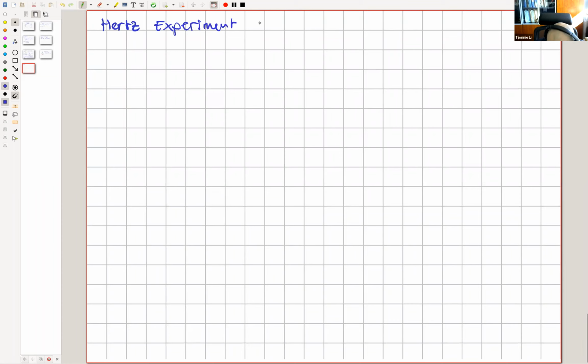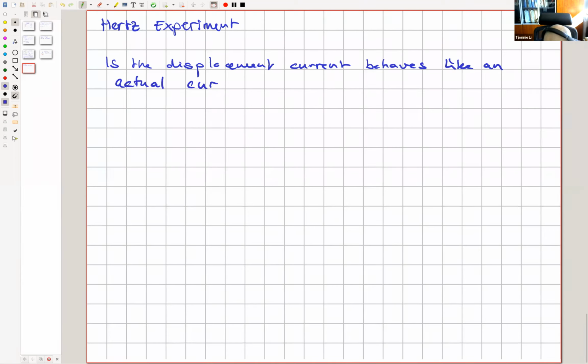In particular, Hertz set out to show whether the displacement current behaves like an actual current. Right? This was nowhere near a done deal.